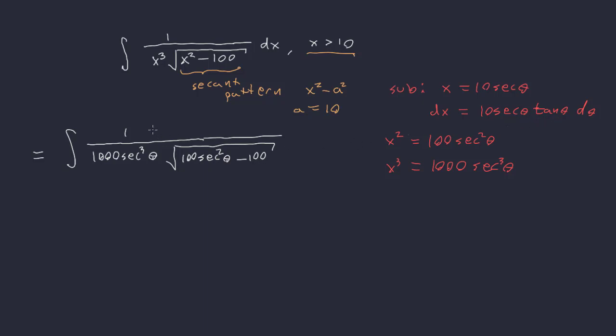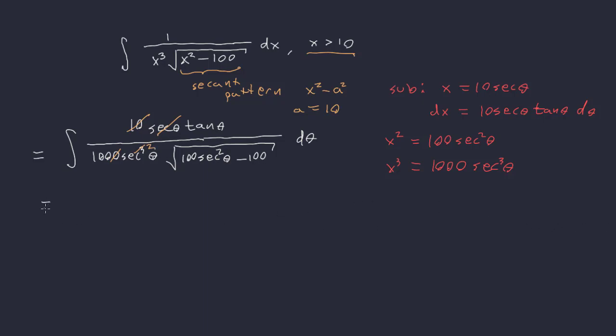I'm actually going to just stick that in the numerator. All right, so I'll put 10 secant theta tangent theta d theta. So right off the bat, this 10 will cancel out one of those zeros there, and this secant will cancel one of those secants and just leave 2 of them.